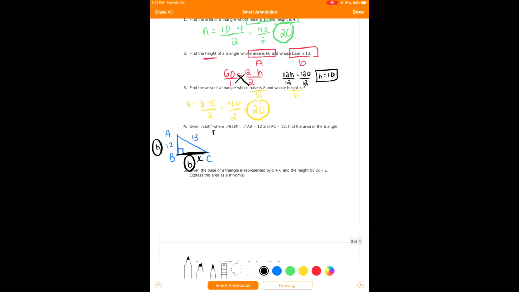Now, since this is a right triangle, I can use Pythagorean theorem. So I'm going to plug in 12 for my A, X for my B, and 13 for my C, because remember, C is always across from the right angle.